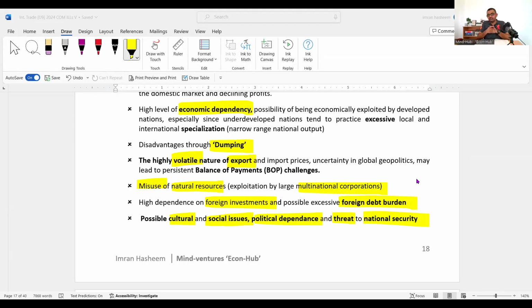So we haven't been very strategic about how we engage with the rest of the world. We have not developed a strong international trade base in our country. And 45 years after becoming an open economy, we still haven't got the best benefits of international trade. Got it? Right. Any questions?